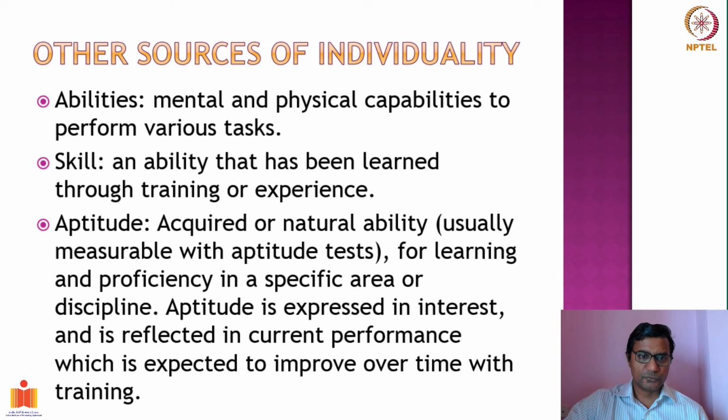For example, if you have an aptitude for mechanical stuff, you cannot make someone interested in mechanical unless that person has the aptitude for mechanical skills or the mechanical area. Or verbal aptitude: someone has the capacity to learn language, vis-a-vis some people have the capacity to learn logical things or mathematics. So people vary in their aptitudes, their potential to learn.